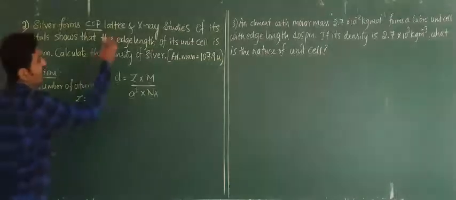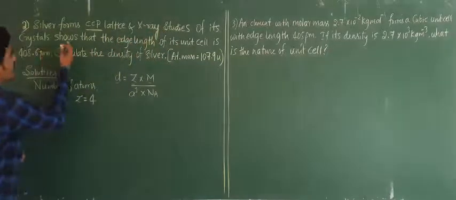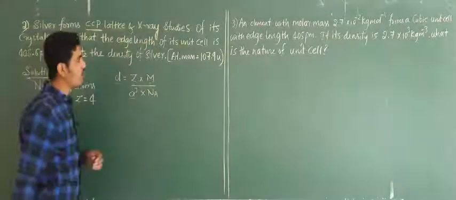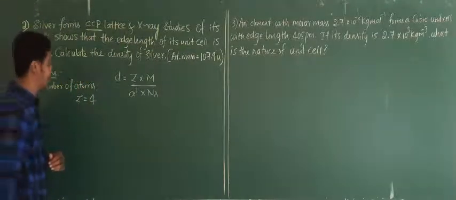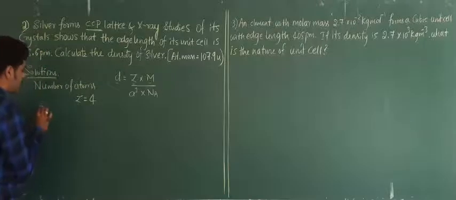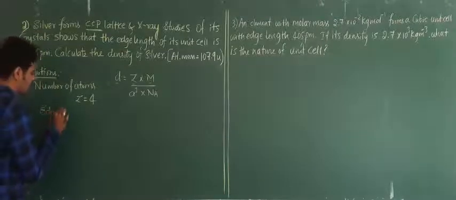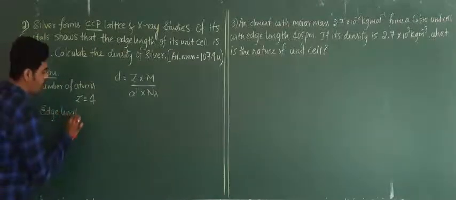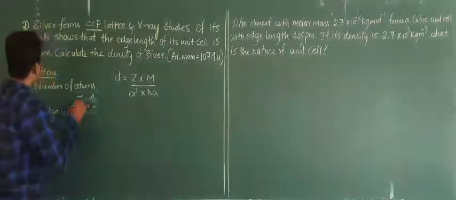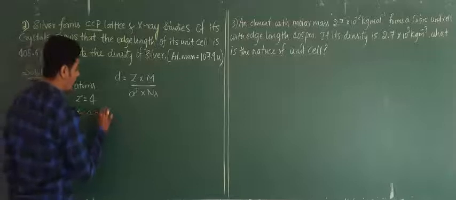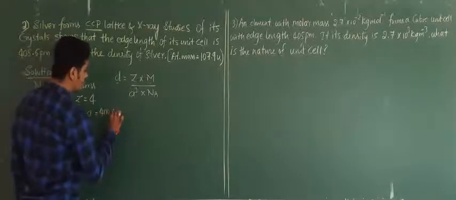Then, X-ray studies of its crystals show that the edge length of its unit cell is 408.6 picometer. How do you represent the edge length? Edge length is represented by small a, and here its value is 408.6 picometer.